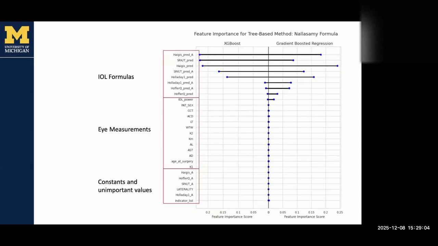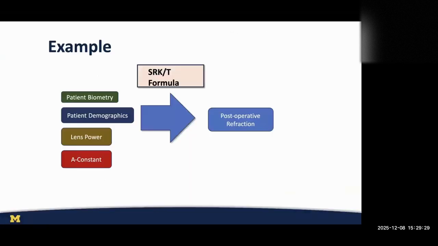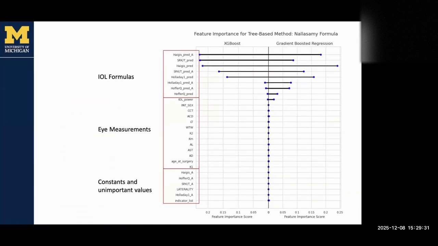Actually, these eye measurements were not really that important at all in this model. What ended up being the most important was other intraocular lens formulas. They were also fed as input into this model, and these ended up being the most important for predicting postoperative refraction. So this is a problem, for a specific reason that I did not yet describe.